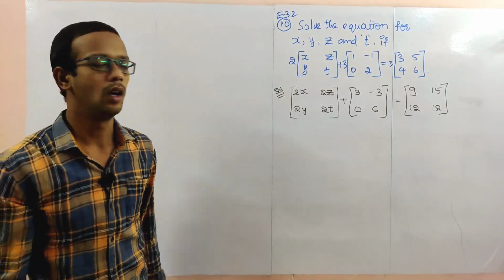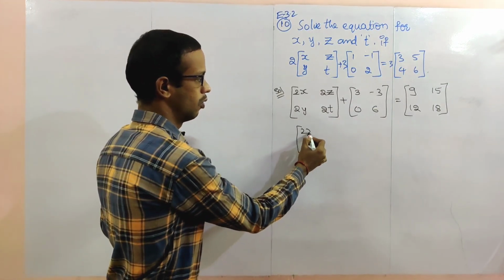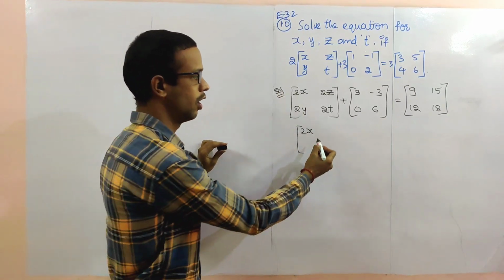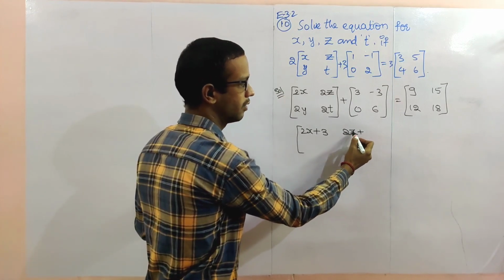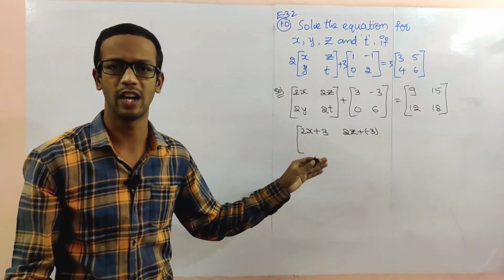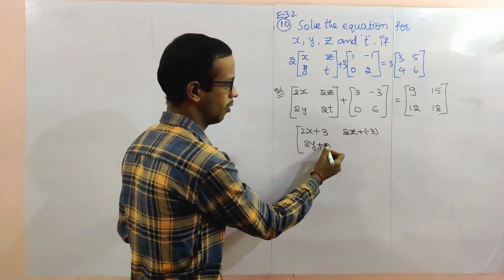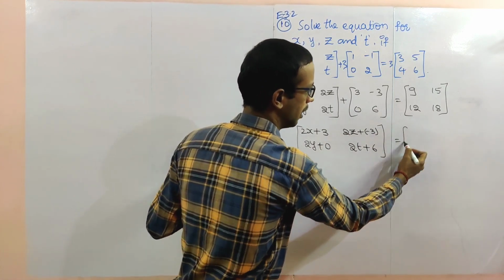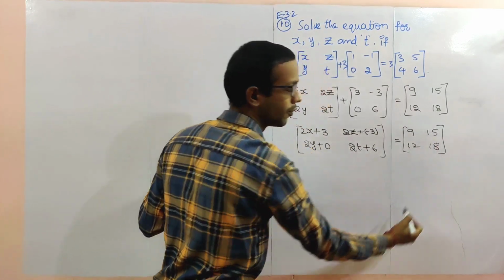So now we have to make the simplification for this one. 2x addition, how will we do? Corresponding elements addition. 2x plus 3, 2z plus of minus 3. Plus of minus 3 is nothing but minus, we can write directly. 2y plus 0. Next 2t plus 6 is equal to 9, 15, 12, 18 as it is.